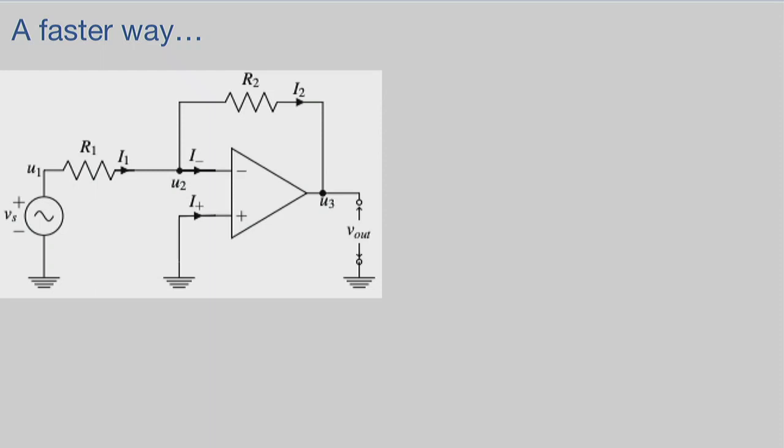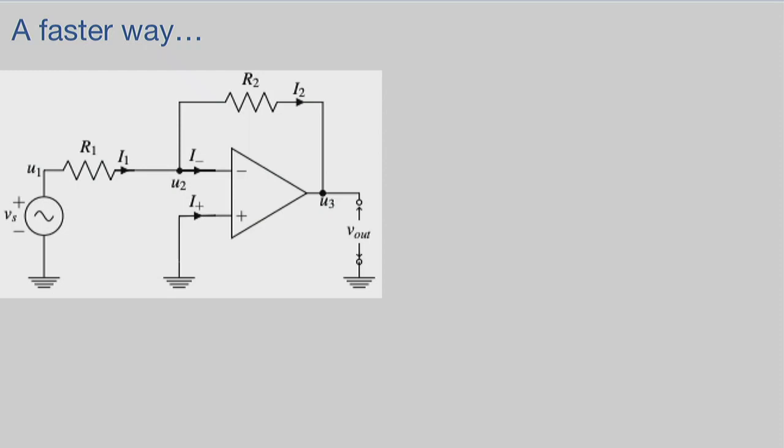Yes. Okay. If you are not there yet, keep doing the long way. It still works, but I think we are ready to at least see a faster way. Same circuit, okay? Same thing. So we are going to check for negative feedback.